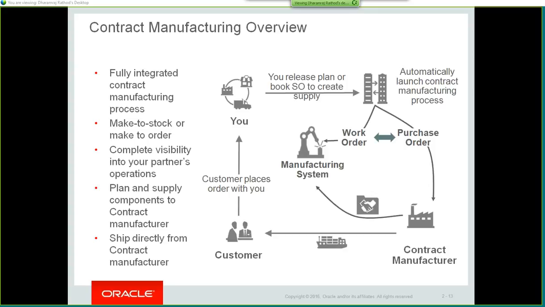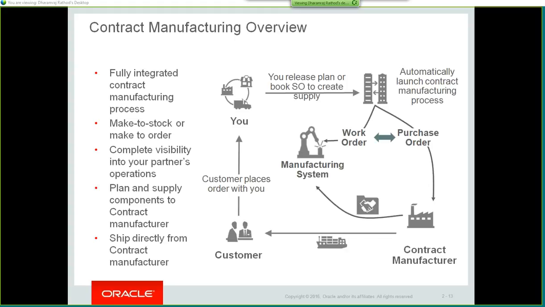So we support make to stock and make to order capabilities. And using the contract manufacturing solution, you as an OEM have the flexibility to replicate what is happening within the contract manufacturing organization. So where are we in terms of manufacturing, what operation is completed, what are the resources consumed, and so on.